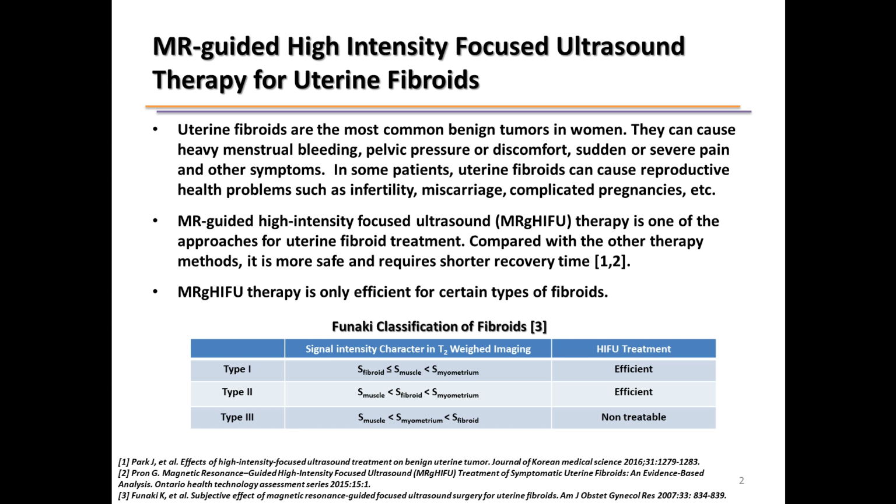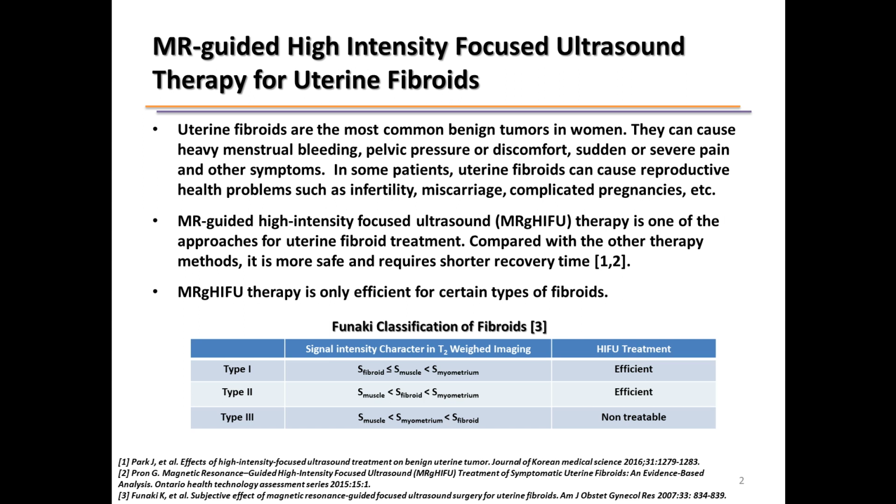Funaki classified fibroids into three categories according to their relative signal intensity in a T2-weighted image compared to the surrounding myometrium and skeletal muscle. As shown in the table, only type 1 and type 2 fibroids, which have comparable signal intensity with skeletal muscle or lower signal intensity than the myometrium, can be efficiently treated by HIFU therapy.